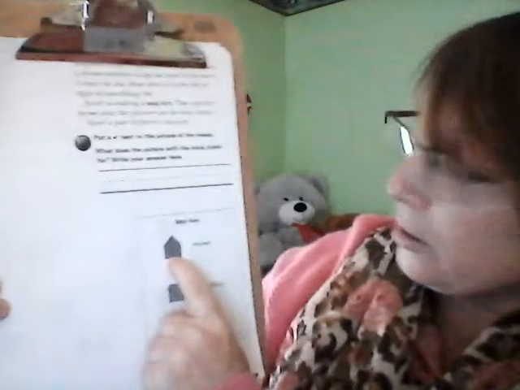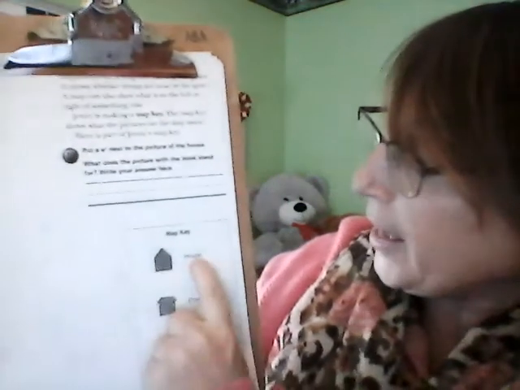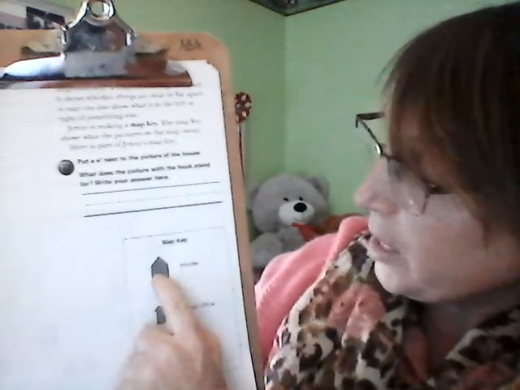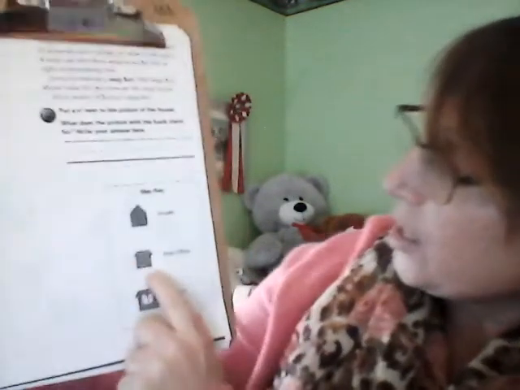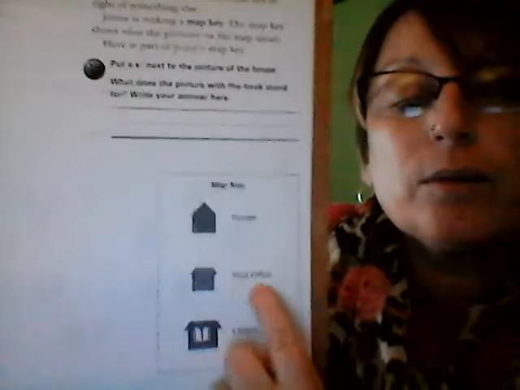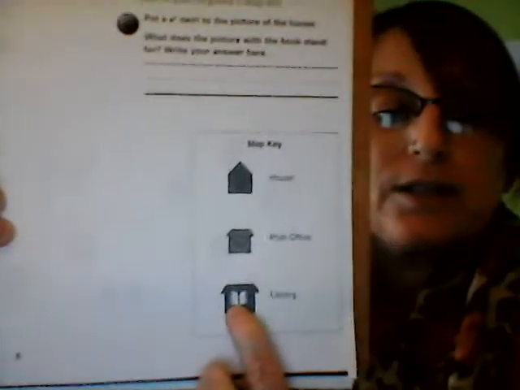Okay, so this is a map key. Now, on this map key, there's a symbol, a picture of a house, and that is a house. So if you see this type of building, that means it's a house. If you see this type of building, it looks like an envelope, that is the post office. And the building with a book inside of it stands for a library.